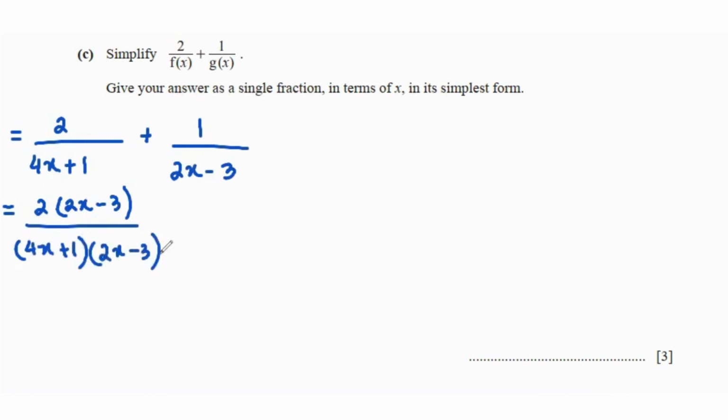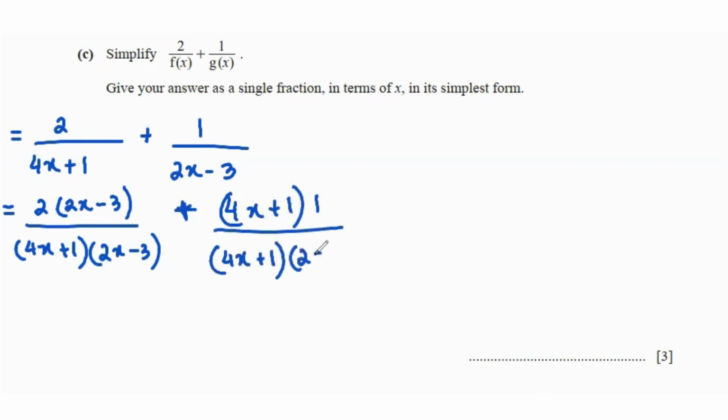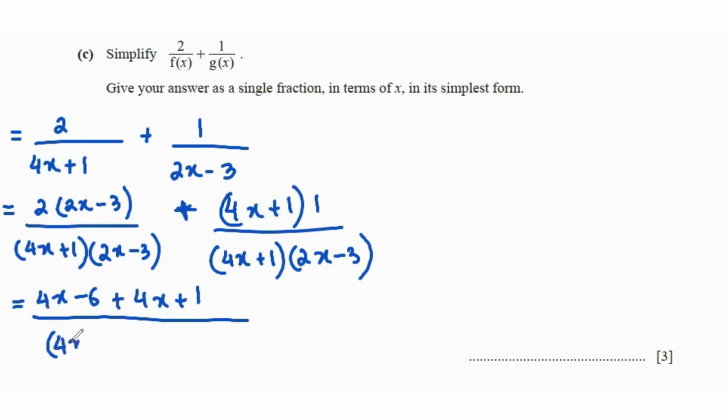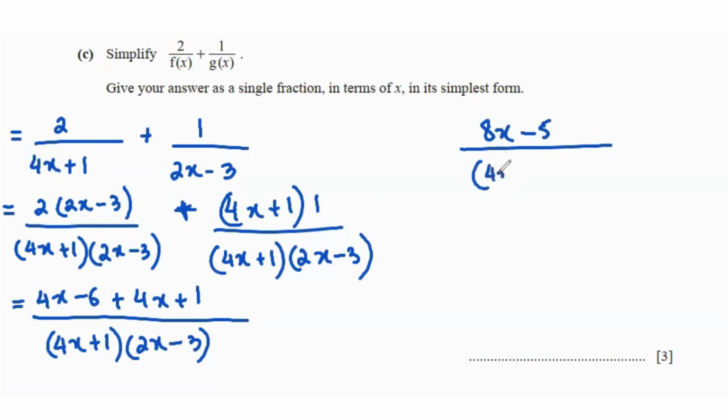And I'm going to multiply the second fraction by 4x plus 1. So we have 4x minus 6 plus 4x plus 1. I've combined the numerators. And the denominator is 4x plus 1 times 2x minus 3. 4x plus 4x is 8x, minus 6 plus 1 is -5, over 4x plus 1 times 2x minus 3. This is your simplified fraction.